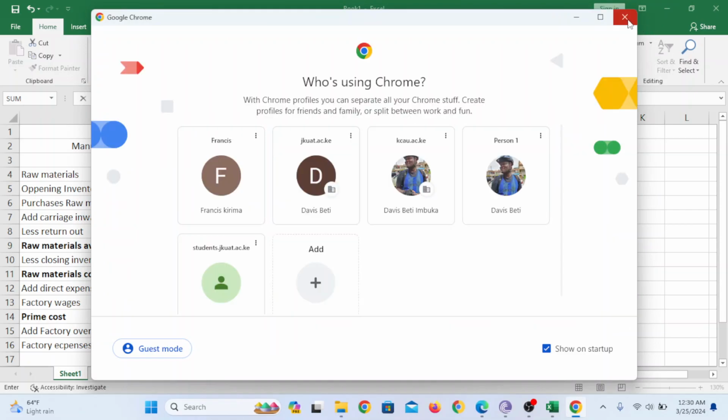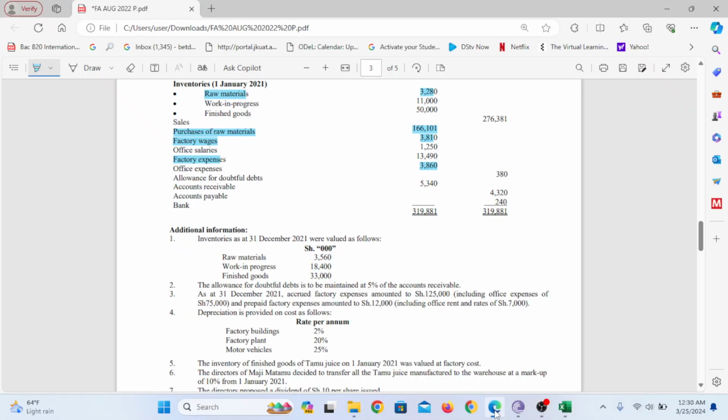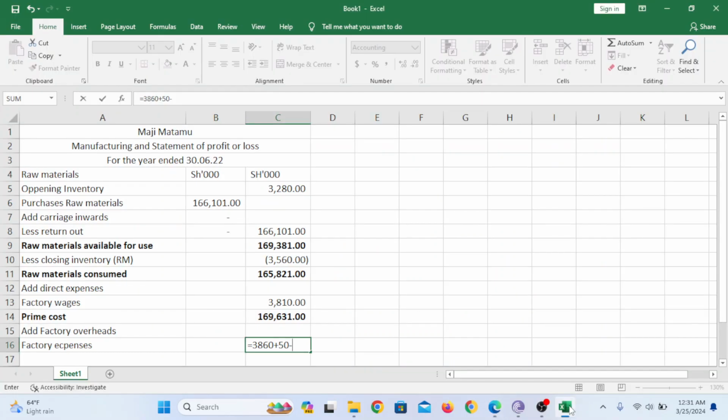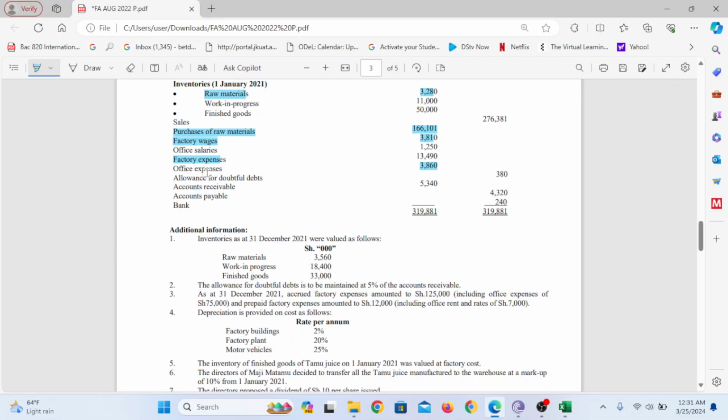So the prepayment, so the prepayment still on that prepaid expense of 12, and then out of that you have office of 7. So that is 5. So you need to knock off 5. So that will give us the factory expenses.